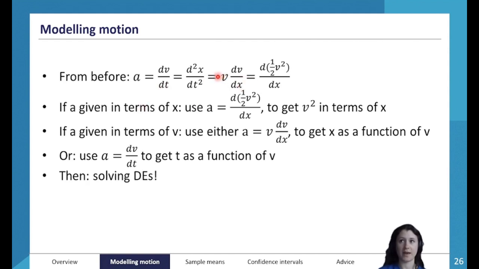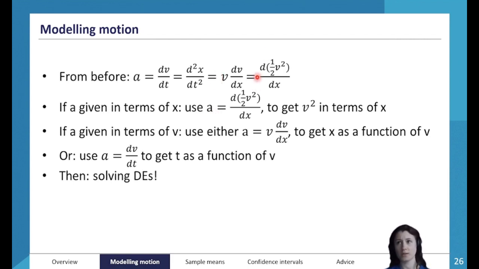So if there's any tip that you take away from this lecture with respect to this topic, it is to make sure you're looking at these equations and using the right variables, especially the x's and t's, because you're so used to doing acceleration with respect to time that doing it with respect to displacement seems wrong. But you just need to be aware of that and make sure that you're not making those mistakes.